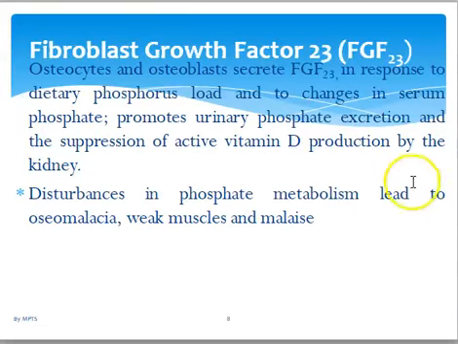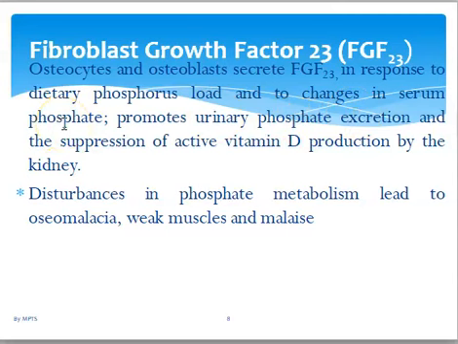Now let us look at FGF23, the fibroblast growth factor 23. This one is mostly linked to phosphorus metabolism. The osteocytes and osteoblasts secrete FGF23 in response to dietary phosphorus load and to changes in serum phosphate.